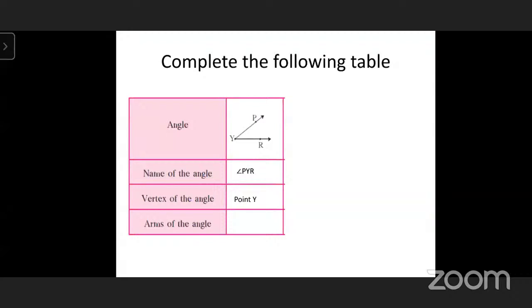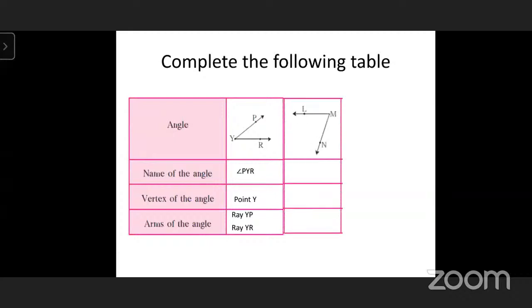Arms of the angle, you are having two arms. One is, yes dear, either YR. Very good. So we are going to call it ray YP and ray YR. Very nice. Now we'll move towards the next example.